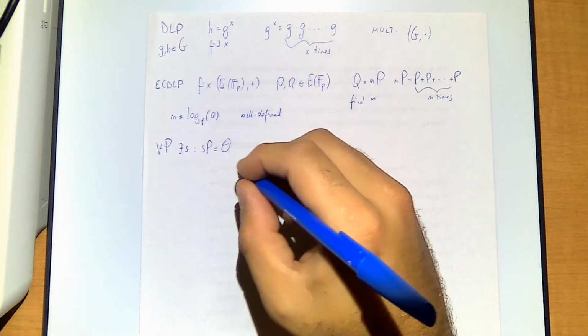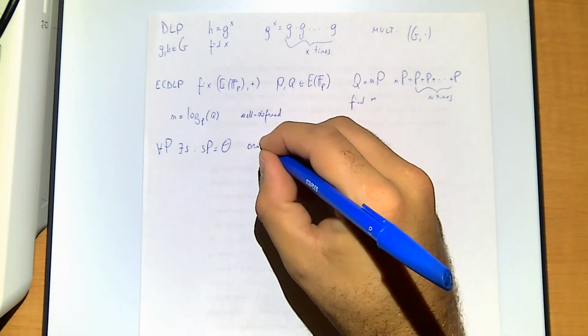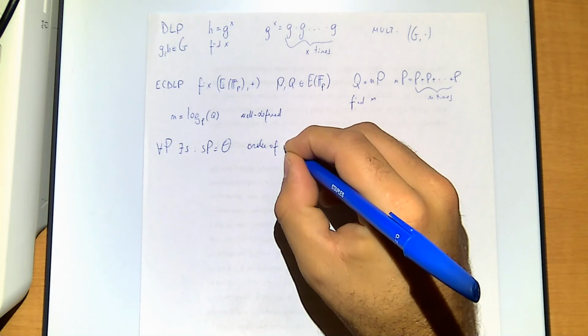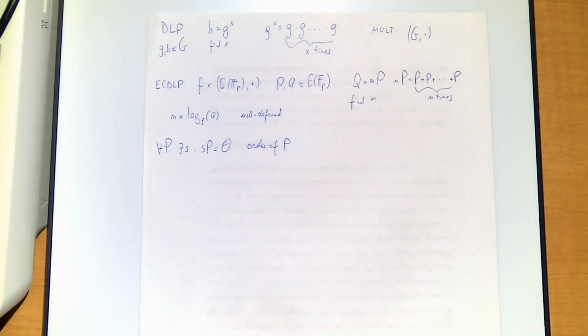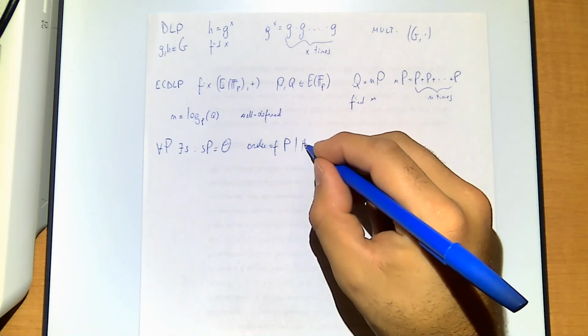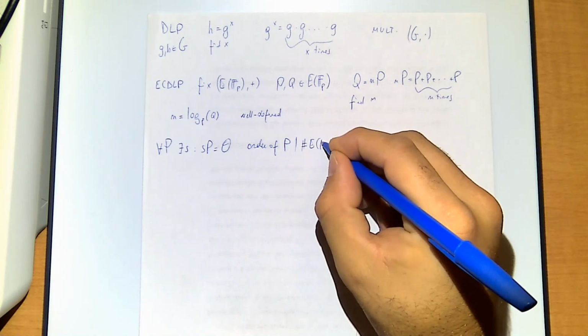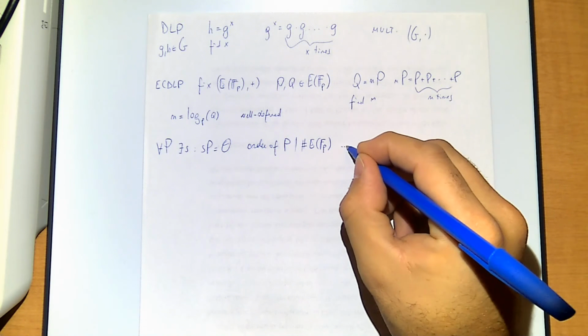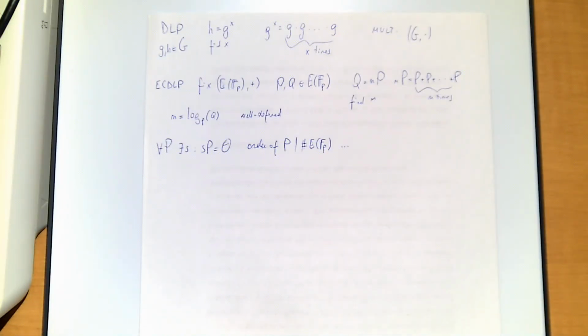In fact, this integer is called the order of P. And we also know that the order of P divides the number of points, and so on. All the properties that we know about groups. This is a group, so it works in the exact same way.